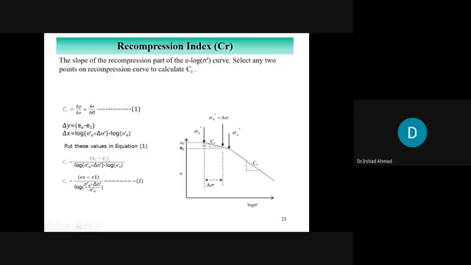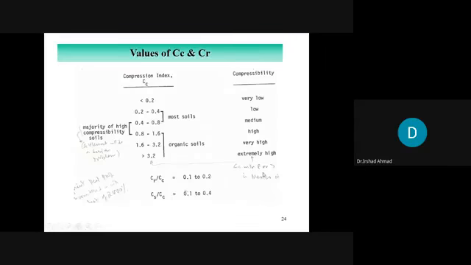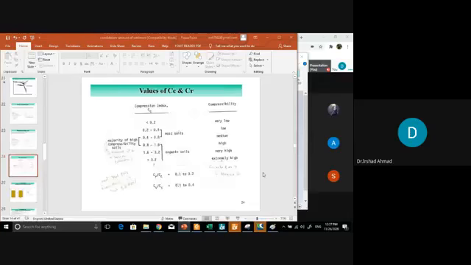If you select any two points on the recompression line and apply this equation, you will get CR. The same equation, if you select any two points on the compression part, you will get the slope, CC. Okay, that's all.